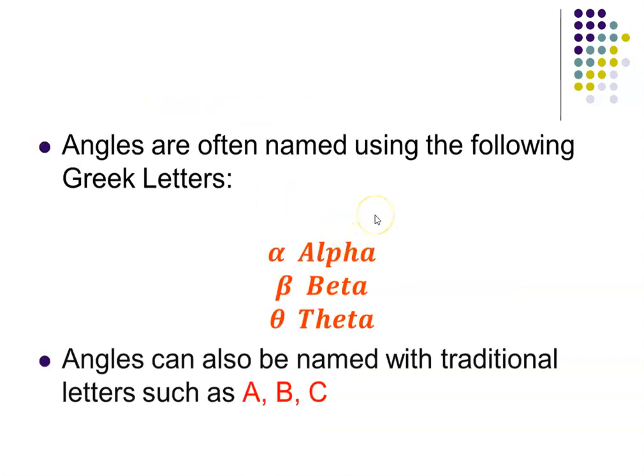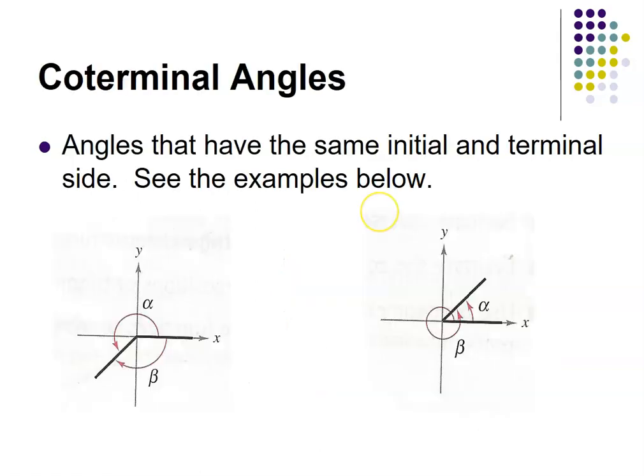The angles are often named using Greek letters, alpha, beta, theta, or sometimes we use capital letters such as A, B, C. Coterminal angles are angles that have the same initial and terminal side.